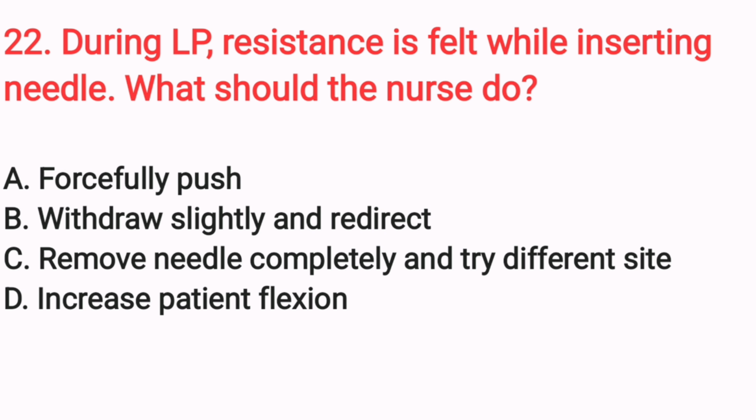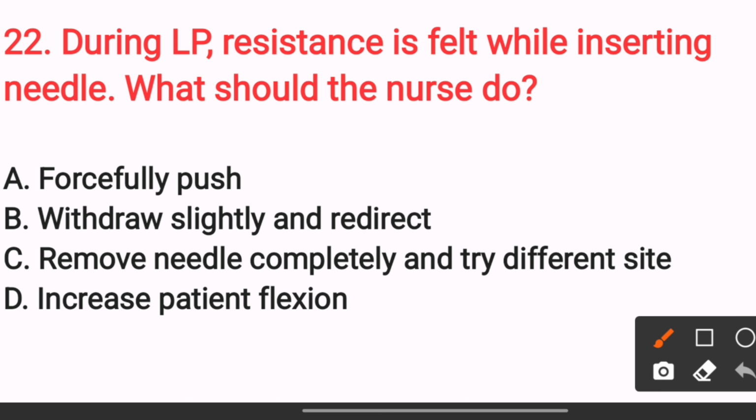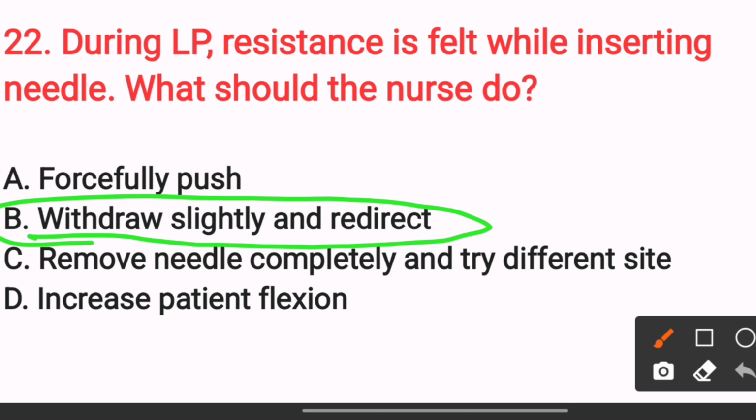Option C, remove the needle completely and try a different side. Option D, increase the patient flexion. The answer is option B, withdraw slightly and redirect. Gentle redirection prevents nerve injury and allows correct placement. So the answer will be option B.